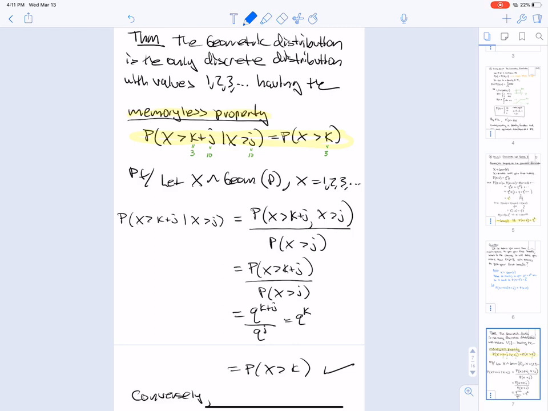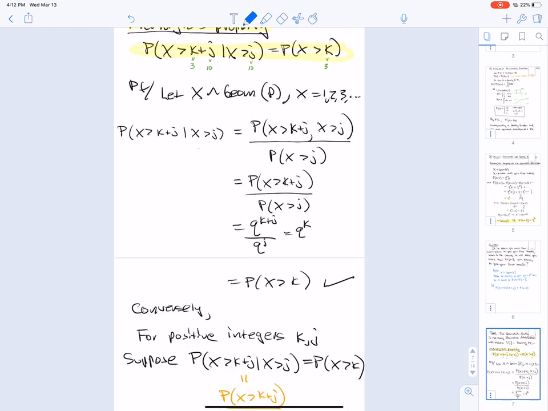So if X is geometric, then the conditional probability you can find using Bayes' rule, which you can easily see is q to the k, which is the probability that X is greater than k. So that shows the memoryless property.